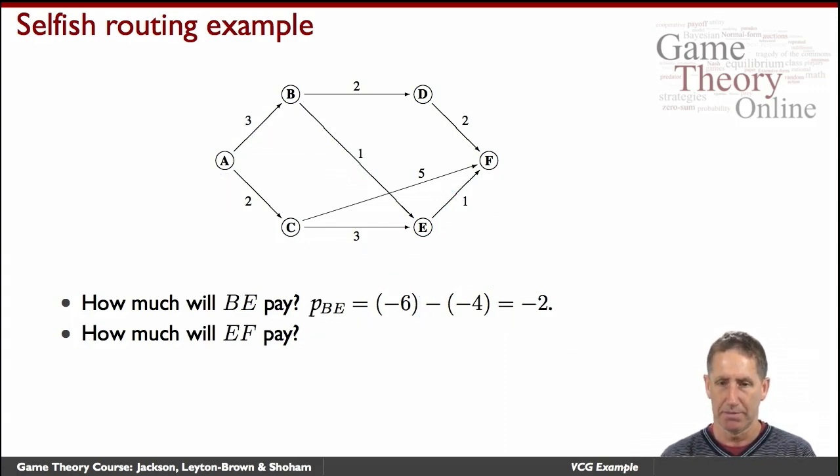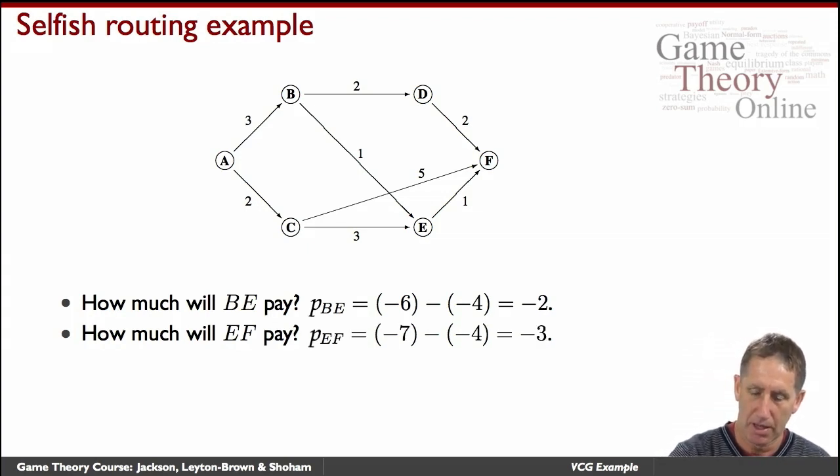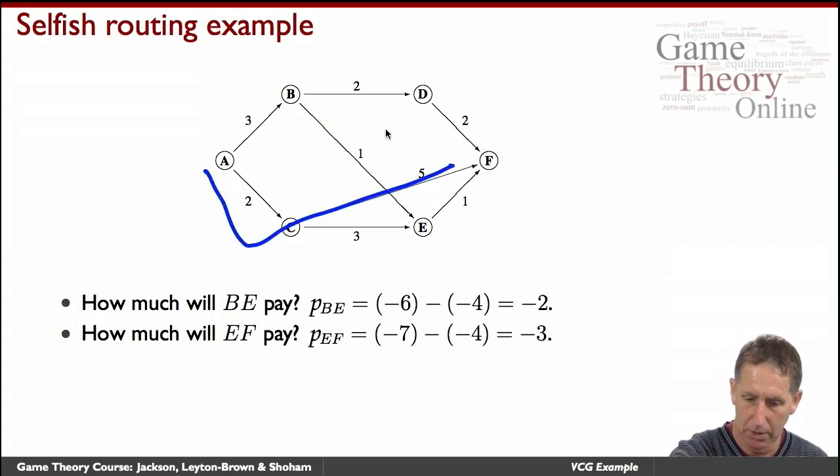What about EF? Same sort of calculation, although the outcome would be a little different, because in their case, they will be getting a payment of 3. Why is that? Well, without them in the picture, this would no longer be the shortest path. The shortest path would be a cost of 7, whether it's this one or this one.